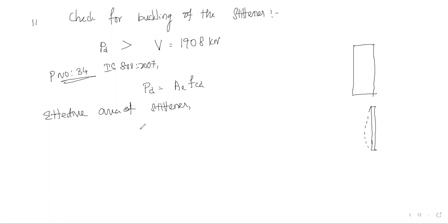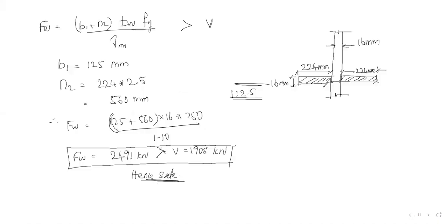Okay, so that is nothing but two plates are there, 224 mm width and 16 mm thickness. Okay, so please refer this figure. So 224 into 16, two plates. Along with that, we have this portion also.